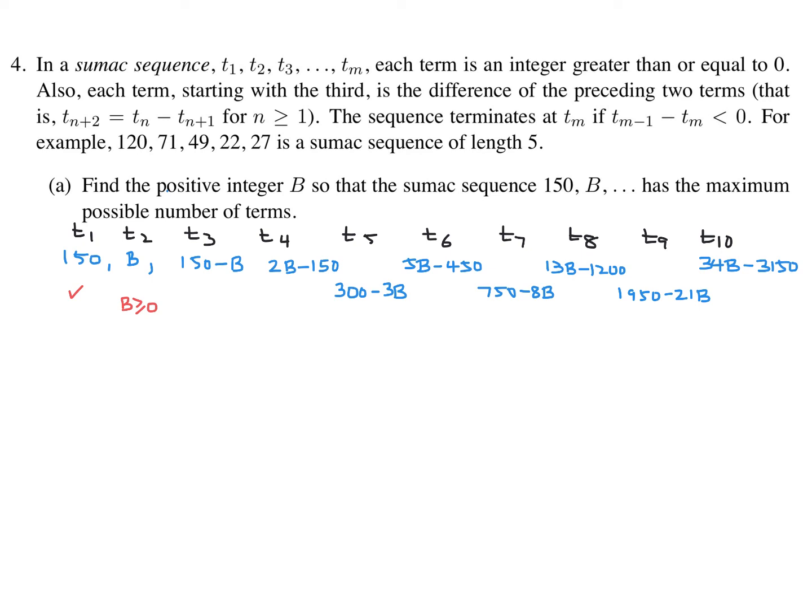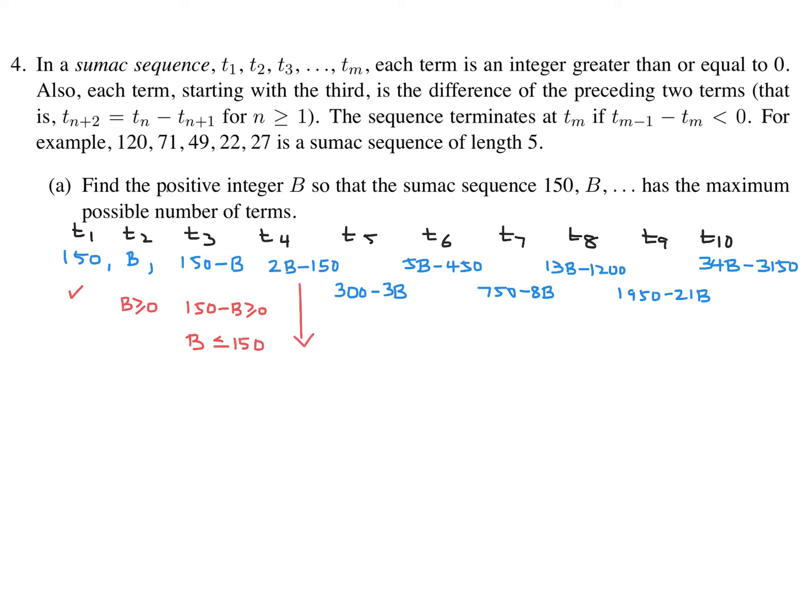The sequence terminates if a term is less than 0. 150 minus B has to be greater than or equal to 0, and that means that B has to be less than or equal to 150. You've got to be careful here. All right, and then just keep going like this.